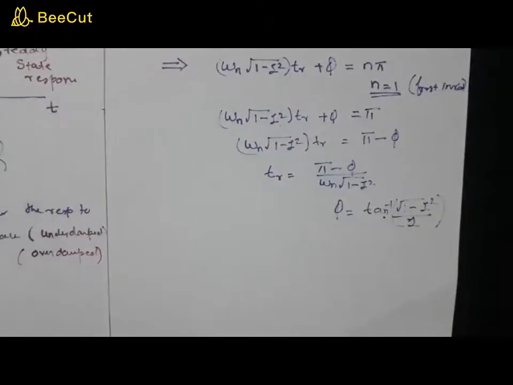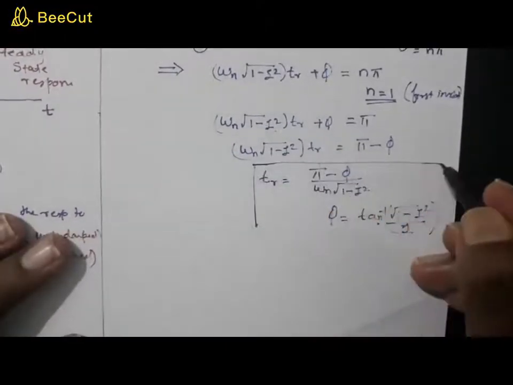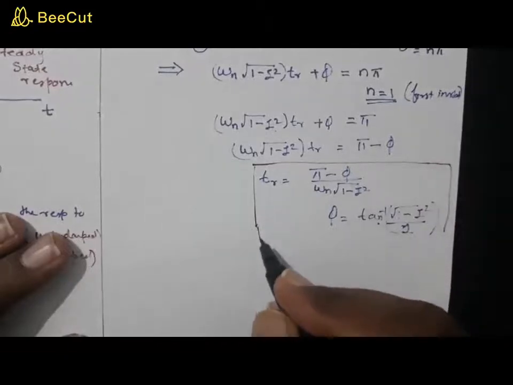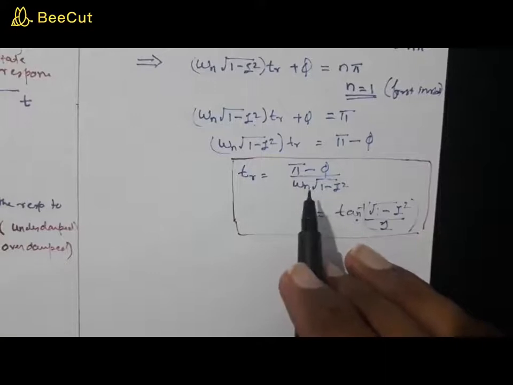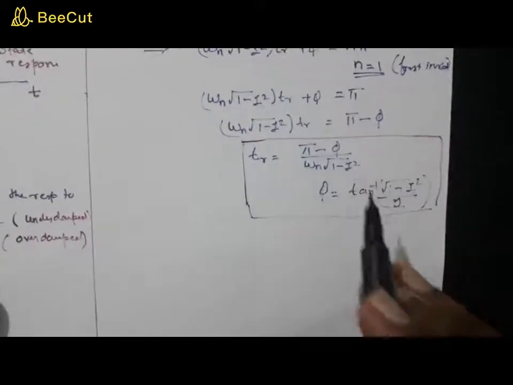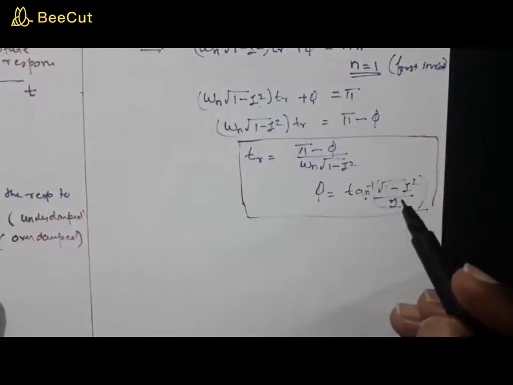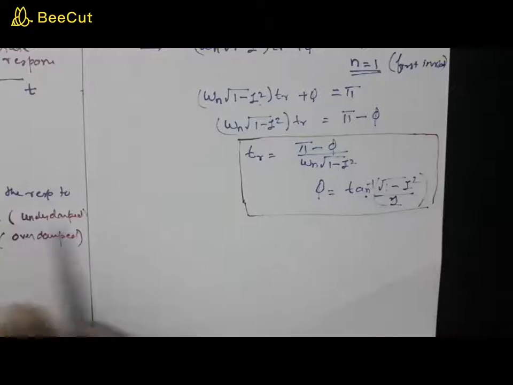That means this tr, the rise time, is given by pi minus phi divided by omega n into root of 1 minus theta square, where phi is given by tan inverse of root of 1 minus theta square by theta. Hope it is clear. Now this is what is called the rise time.